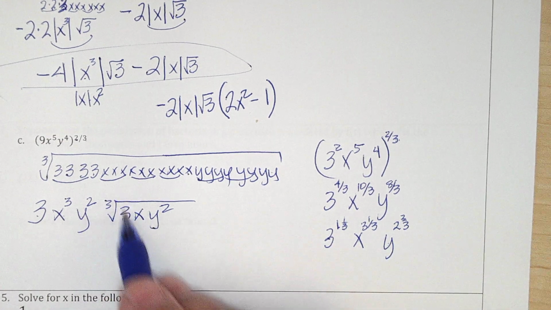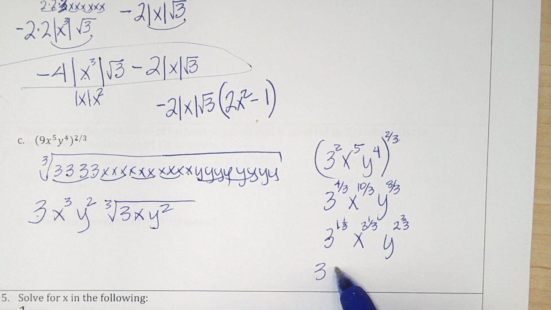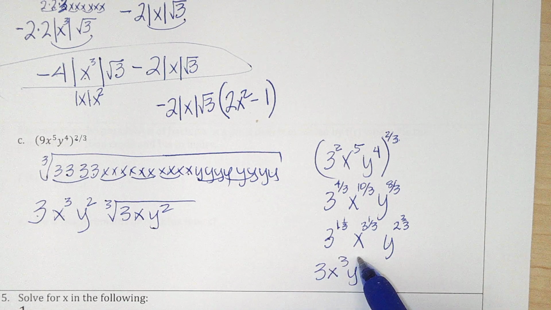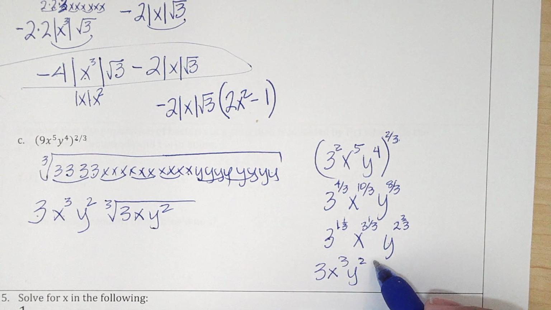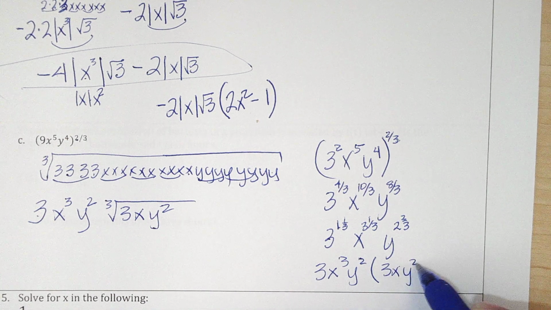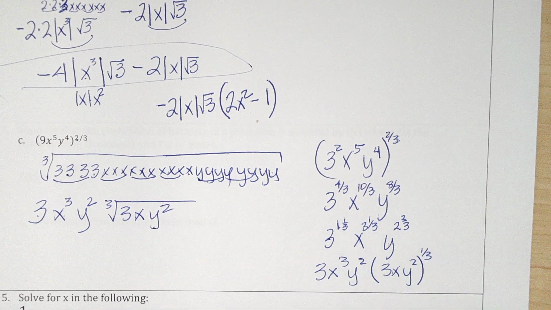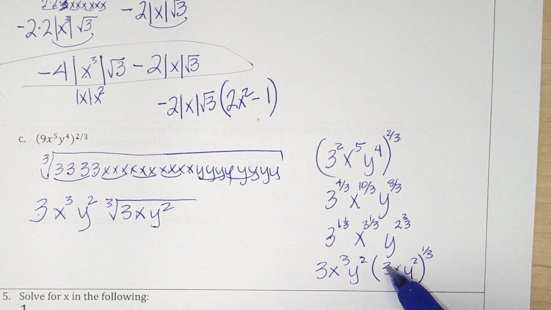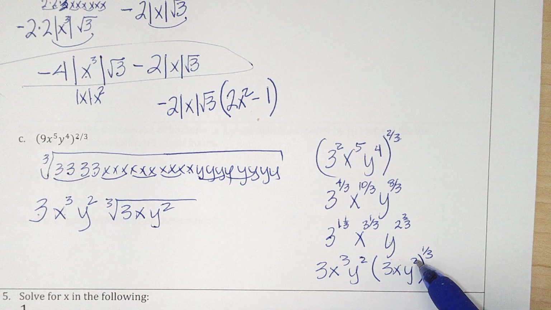Now, if I don't write it with a cube root, it would be 3x cubed y squared, and then 3x y squared to the 1/3. Or I could distribute and have 3 to the 1/3, x to the 1/3, and y to the 2/3.